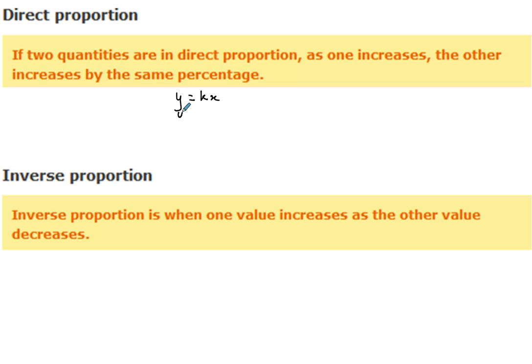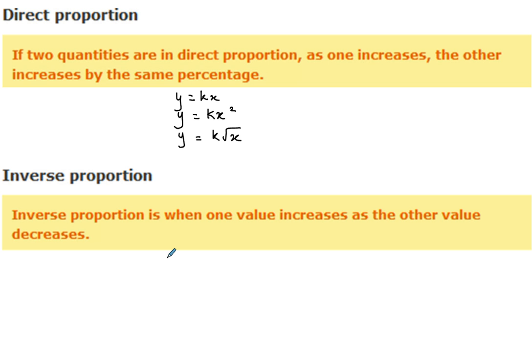If y is in direct proportion to the square of x, we write kx squared. If they say y is in direct proportion to the square root of x, we'd write k square root of x. Inversely proportional is when one increases, the other value decreases.